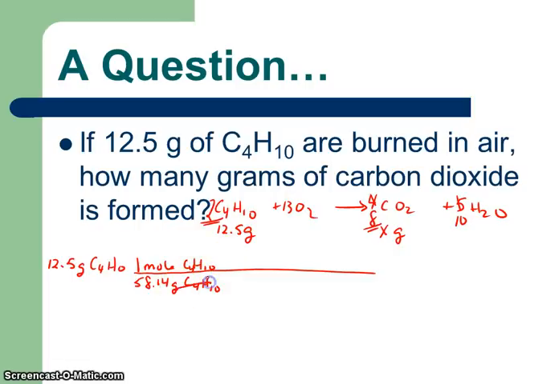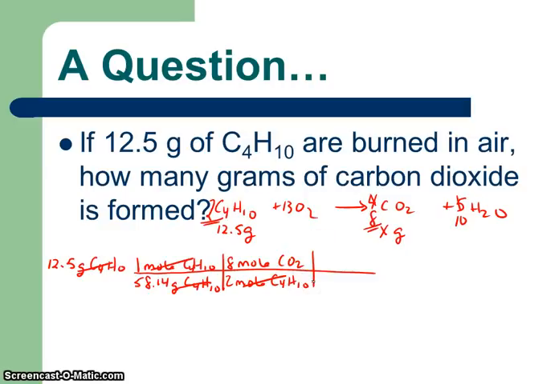That will cancel out grams of butane. Now we look at the balanced equation. For every 2 moles of butane that reacts, we're going to produce 8 moles of carbon dioxide. Moles of butane cancels out using that mole ratio.